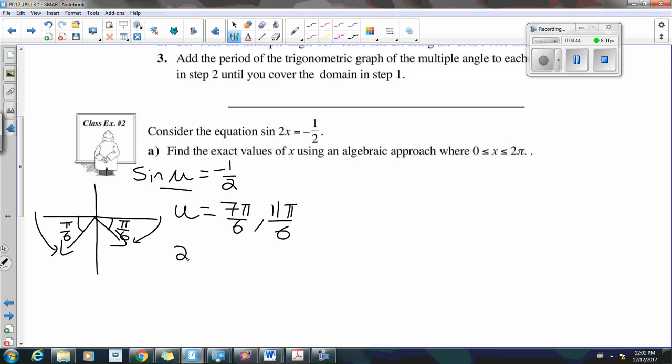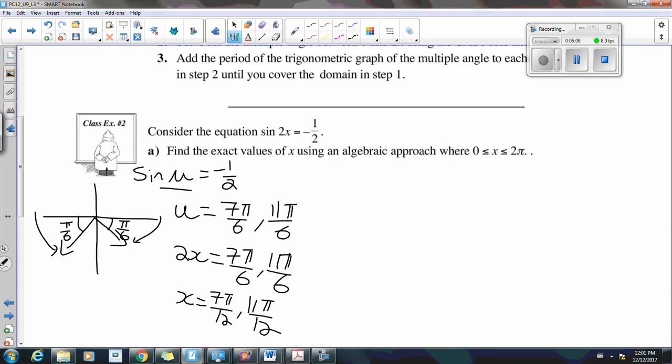But u was really 2x. So now I need to divide everything by 2. Okay, but something has happened here.